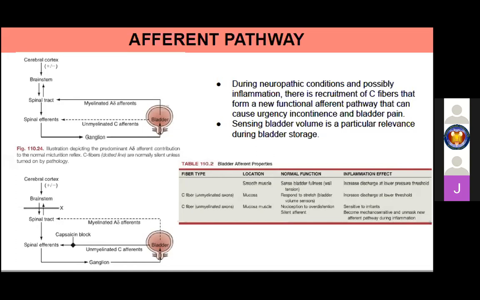And then during neuropathic conditions and possibly inflammation, as I said a while ago, there is a recruitment of C fibers instead of the myelinated alpha delta fibers that can cause urgency, incontinence, and bladder pain.